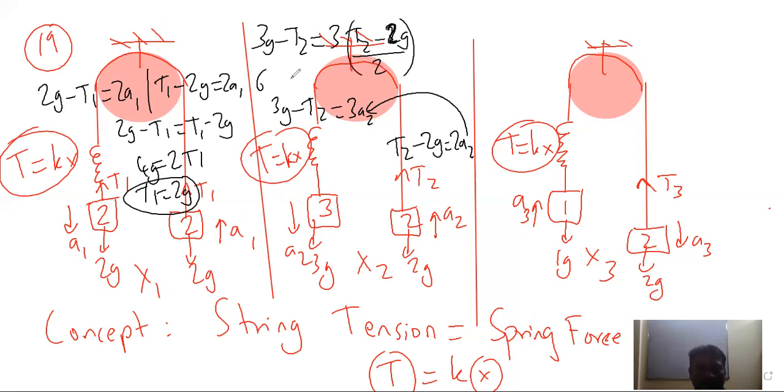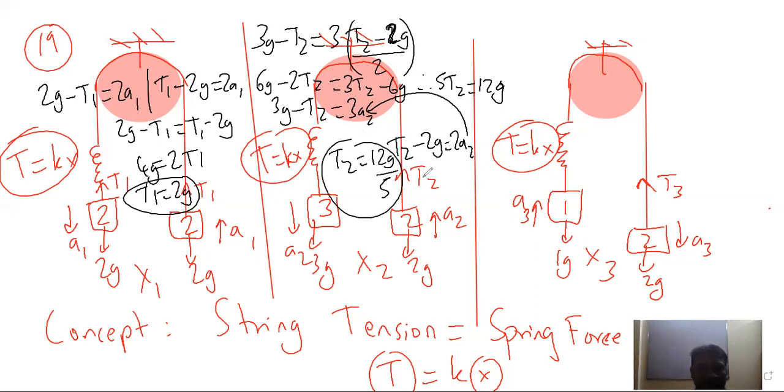So we have 6G minus 2T2 is 3T2 minus 6G. So we have 5T2 is equal to 12G. So tension T2 here comes out to be 12G by 5. So in this case, we can see T2 is greater than T1. So X2 is greater than X1 as well.